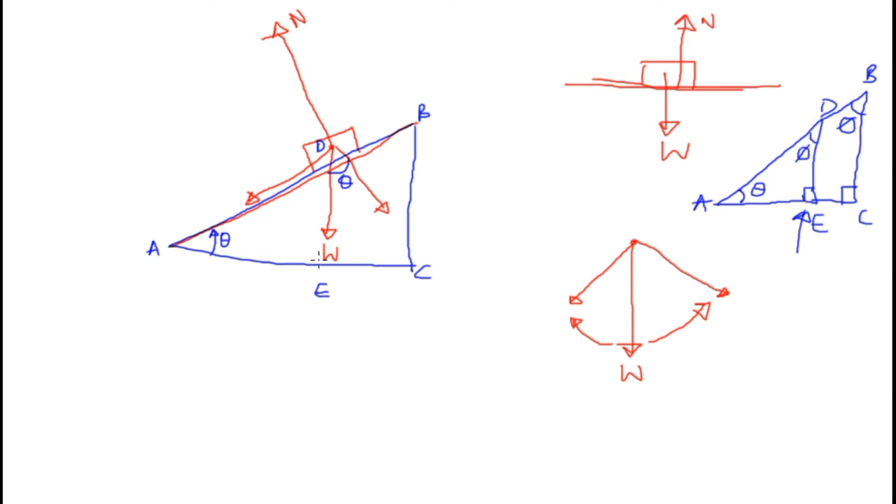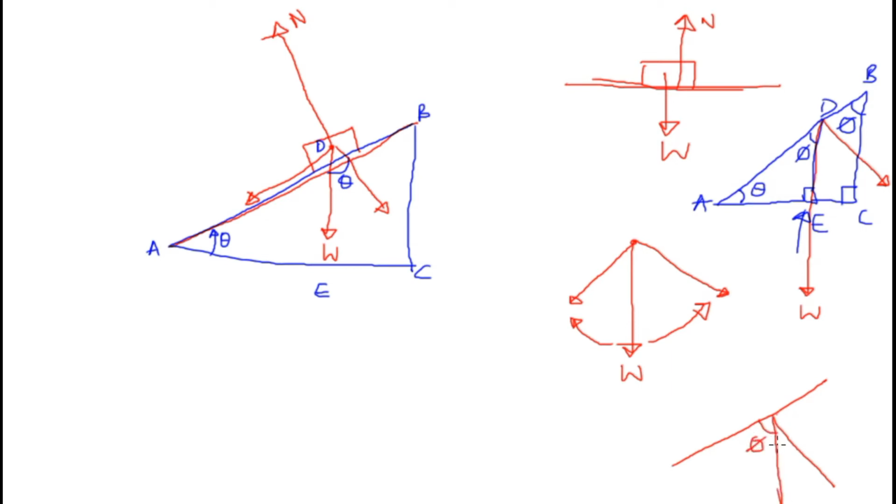Now let's say there is another line right here, the line that is perpendicular to the plane, which is the same thing as the vertical component of W for this diagram. For us to know the angle enclosed between this line and its vertical component, we just say that this is the plane and this is the perpendicular axis, and there is a particular angle right here which is given as phi.